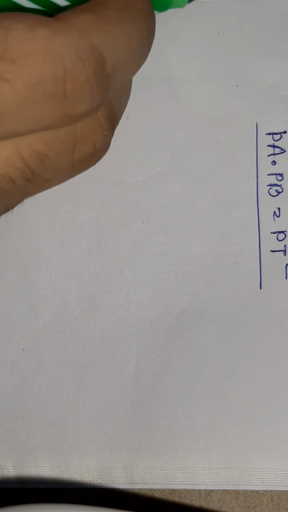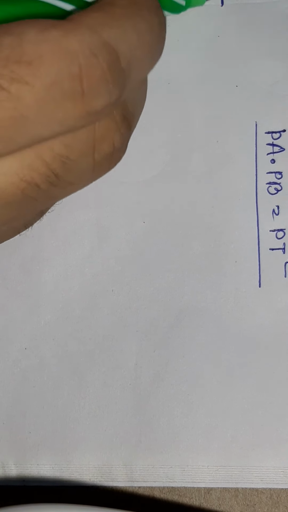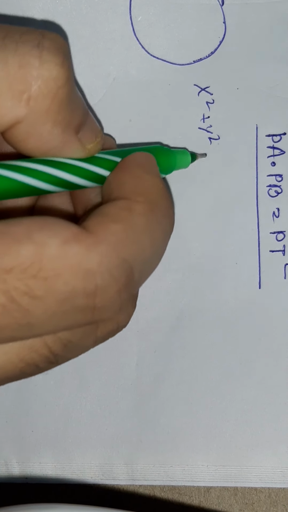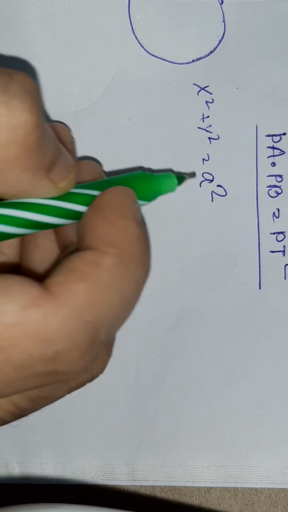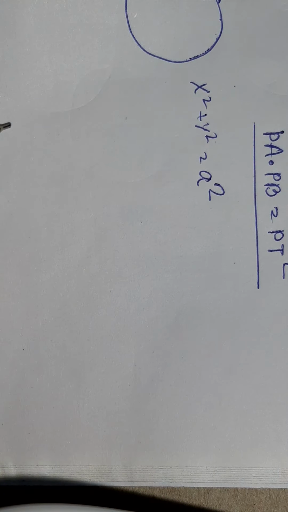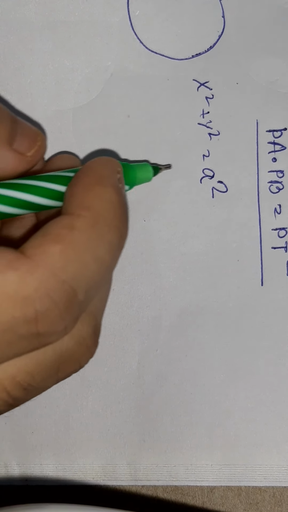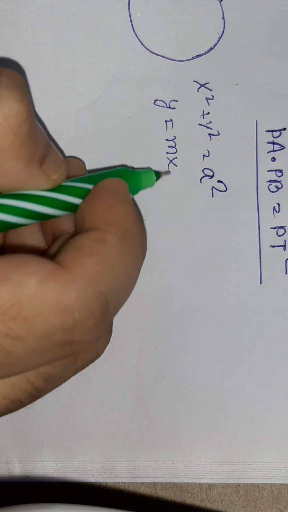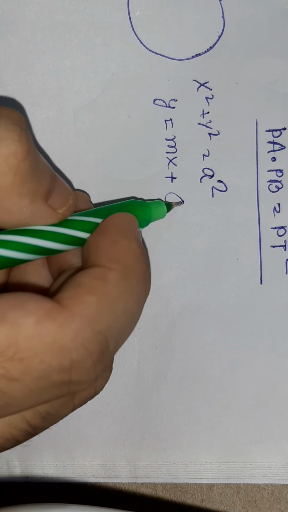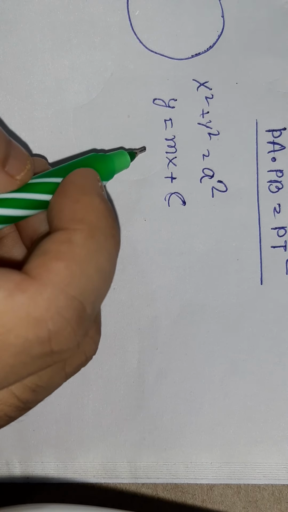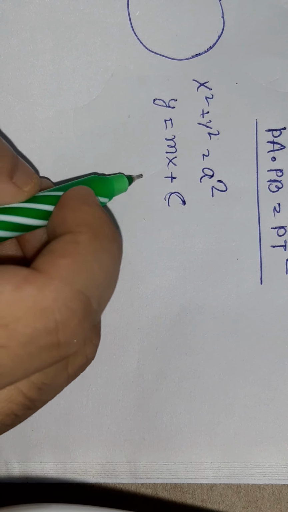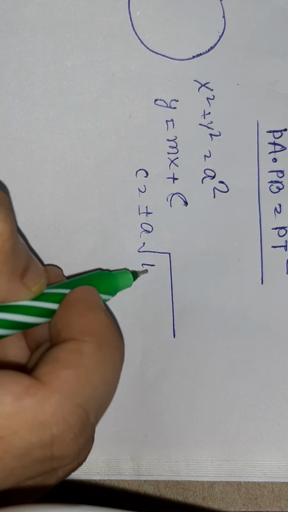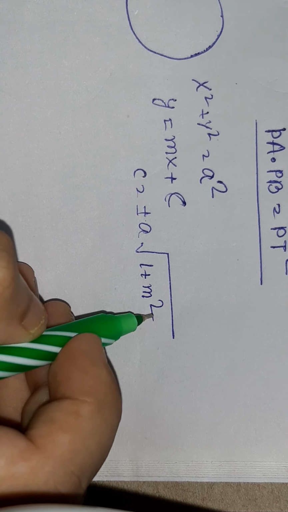If we have a circle with the equation x square plus y square is equal to a square, that is, the center is the origin (0, 0) and the radius is a, then a line y equals mx plus c will be a tangent to this circle if c is equal to plus or minus a into root of 1 plus m square.